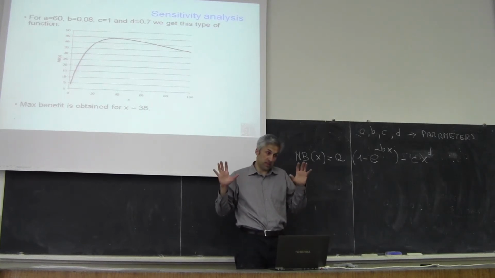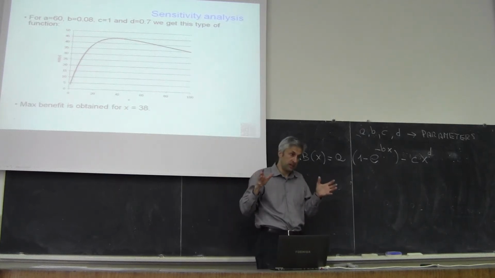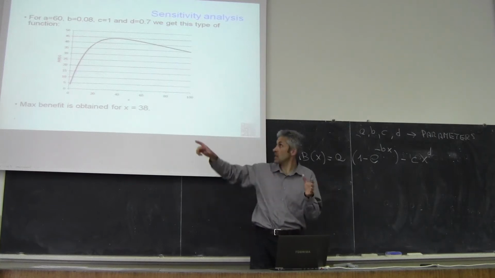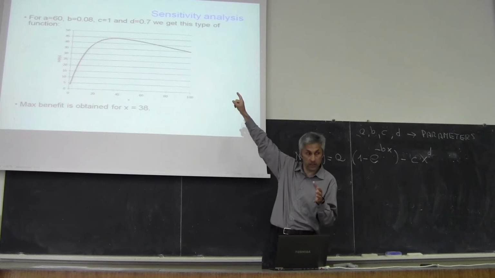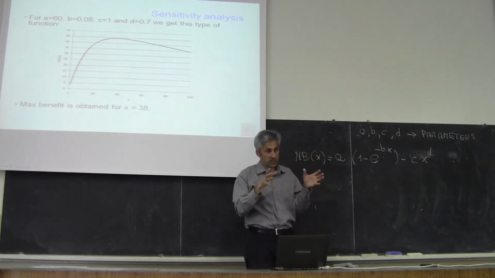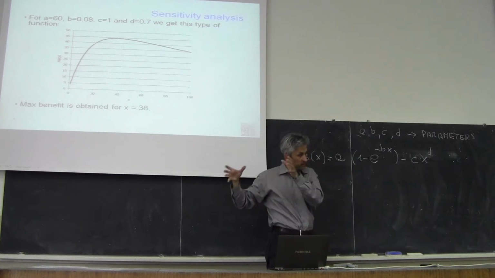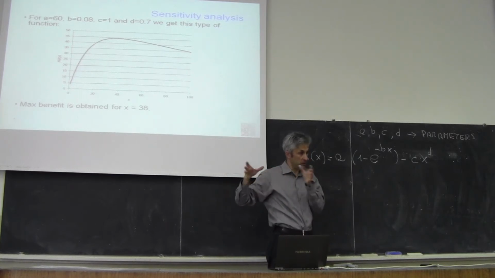Let me admit the presence of uncertainty by assuming that the parameter vector, which in this case is given by these 4 values, can assume with equal probability 3 different values.